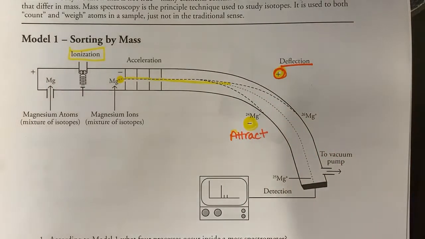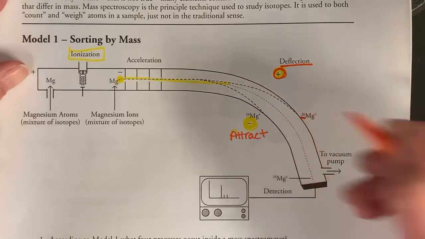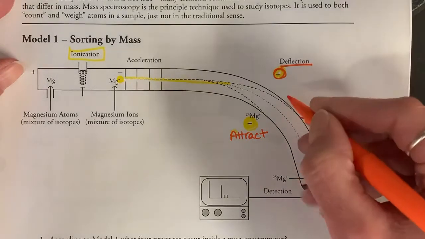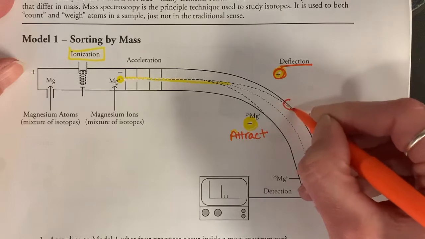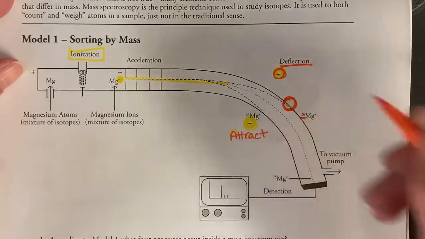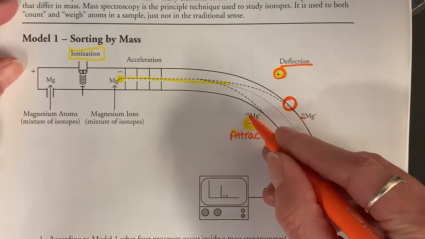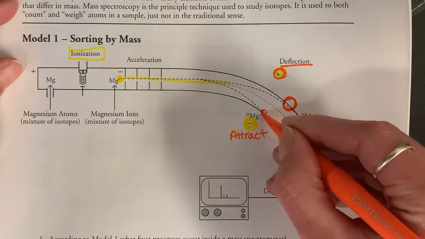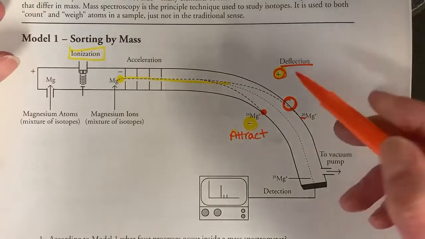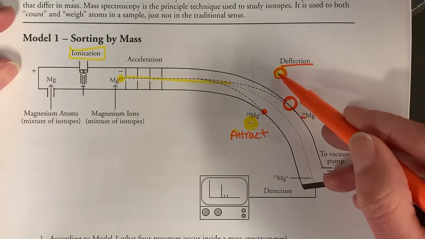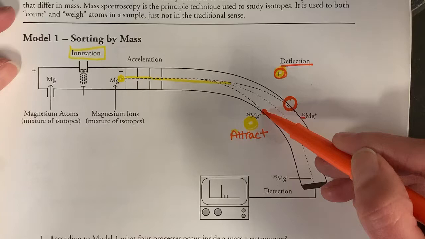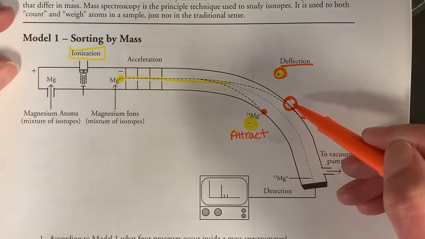Now remember, we pictured our isotopes as different sizes of atoms. If I have a big mass, picture it like a bowling ball. If I have a small mass, picture it like a golf ball. If I'm trying to push something, it's way easier to push a golf ball than a bowling ball.